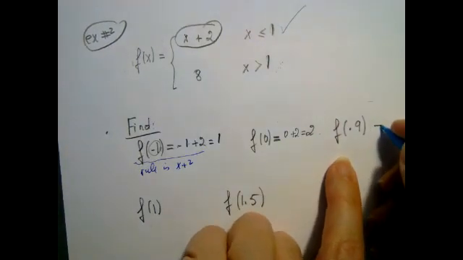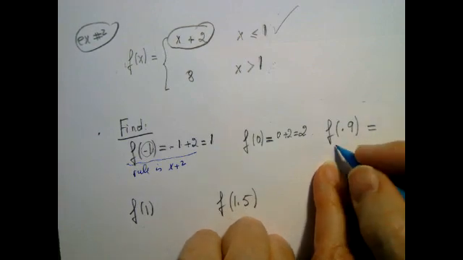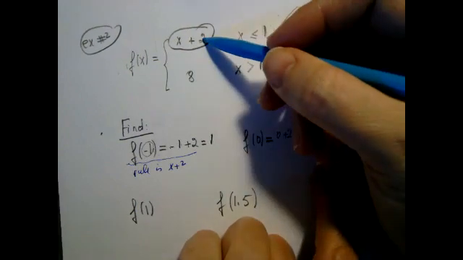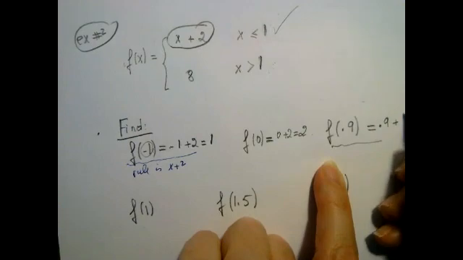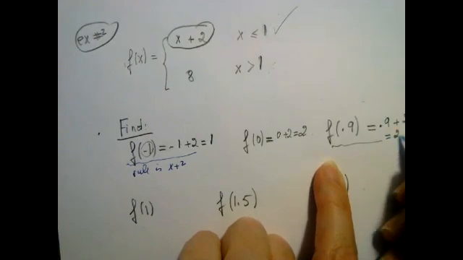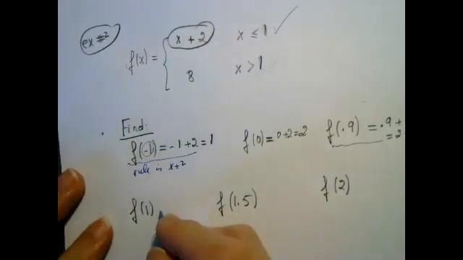F of 0.9. Quickly. What's f of 0.9? Okay, the rule is, again, x plus 2. So it's 0.9 plus 2. So it's 2.9. So that's really the output value. F of 1.